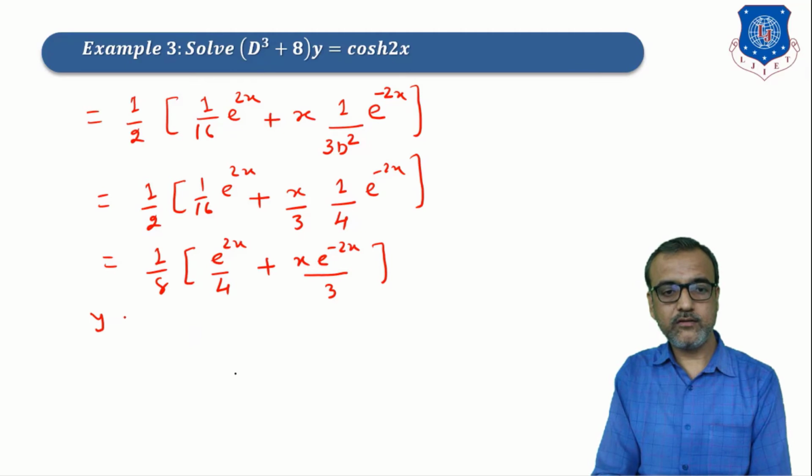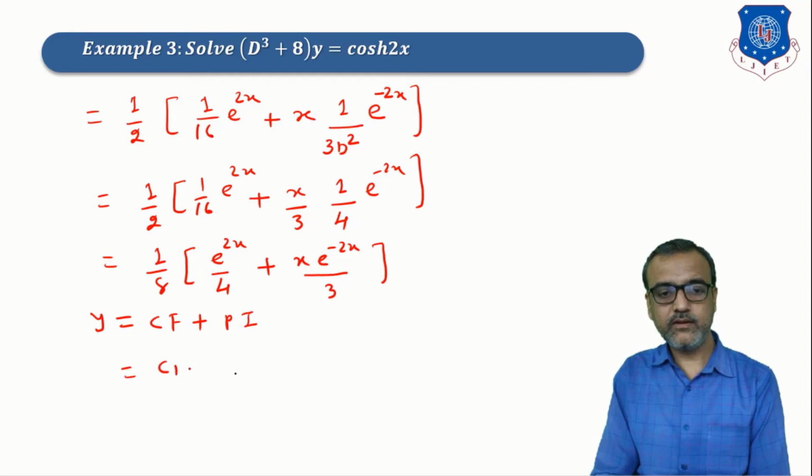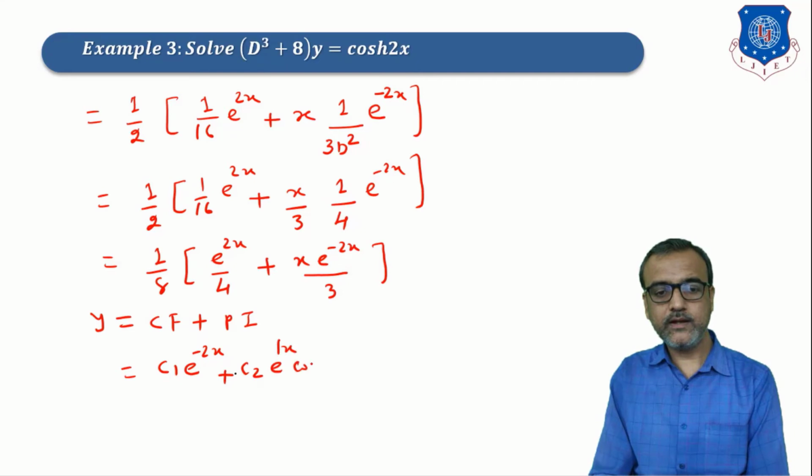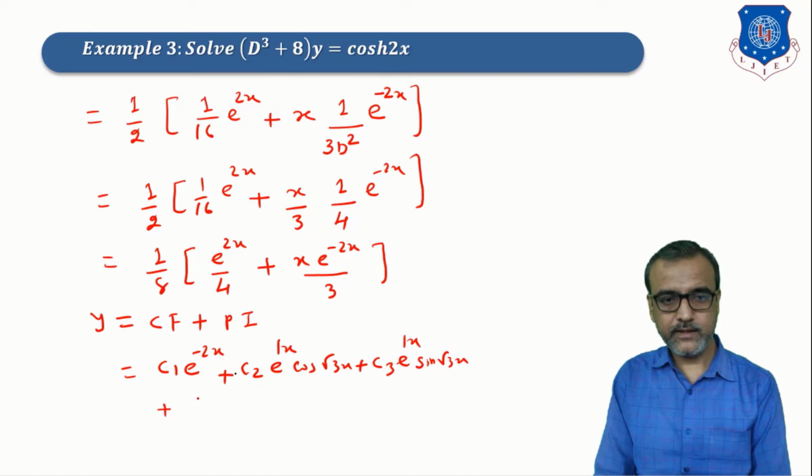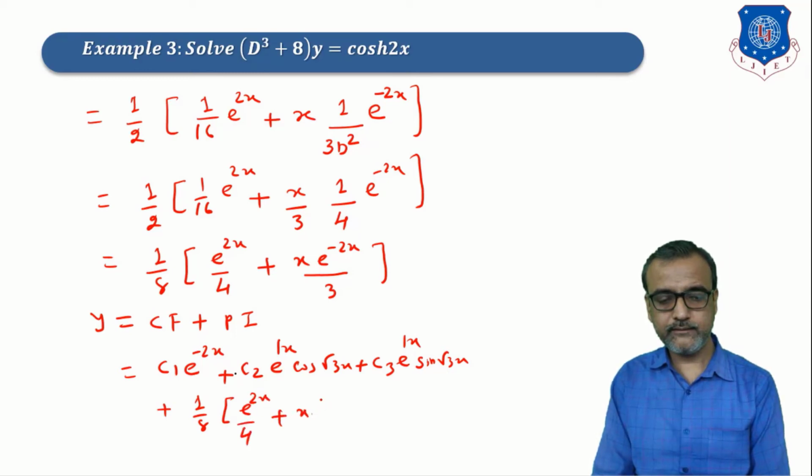At last the general solution is y equals CF plus PI, and CF is C1 e raised to minus 2x plus e raised to 1x times C2 cos root 3x plus C3 sin root 3x, plus PI, which is 1 upon 8 into bracket e raised to 2x by 4 plus x e raised to minus 2x by 3.